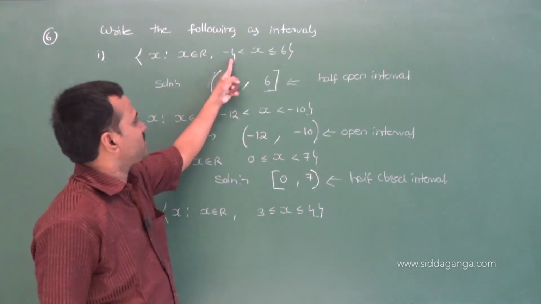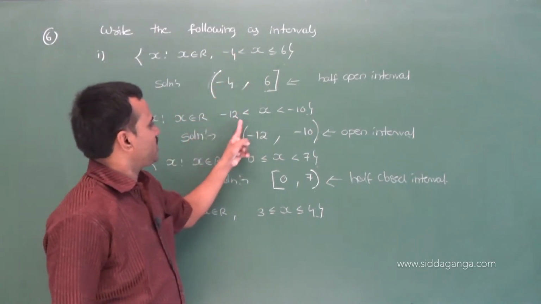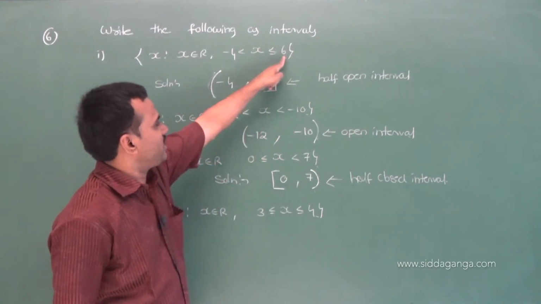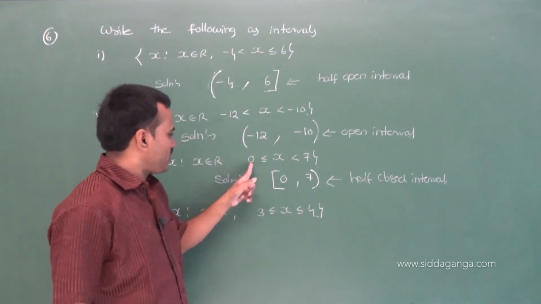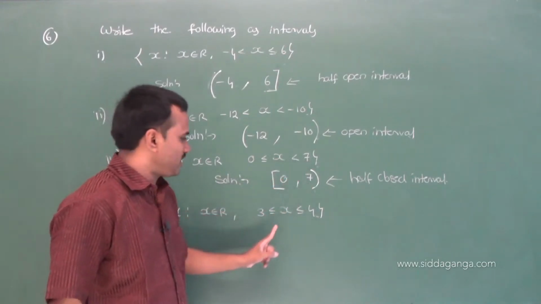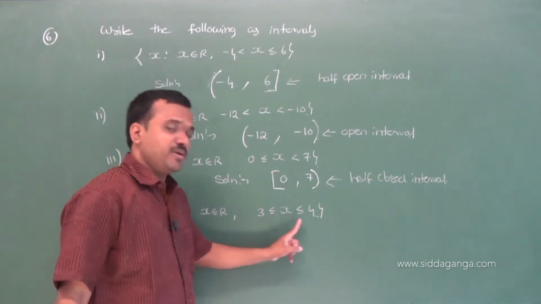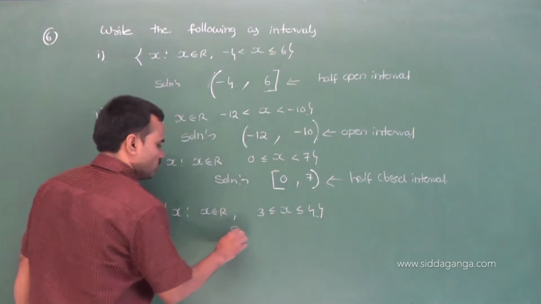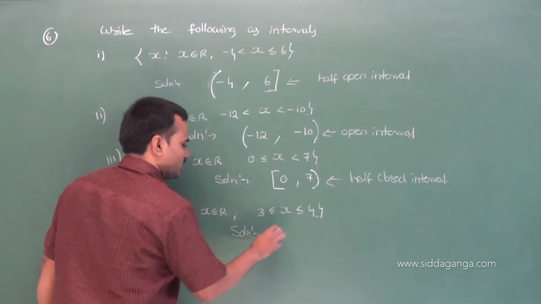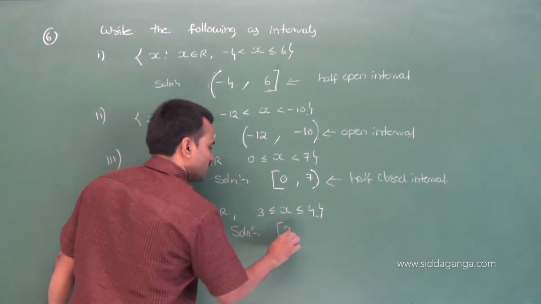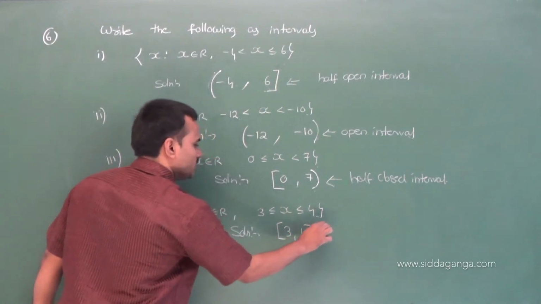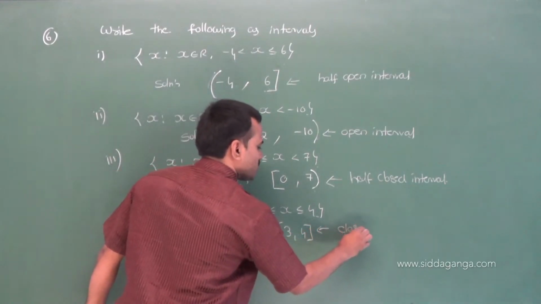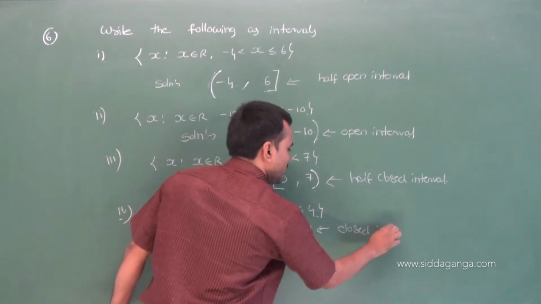Here end point is excluded. Here also end point is excluded. Here the end point is included. Here the end point is included and end point is excluded. But here end points are included. Solution. You know this one also. According to the definition of closed interval, 3, 4. This we call it as the definition of closed interval.